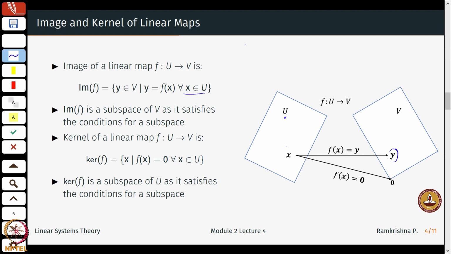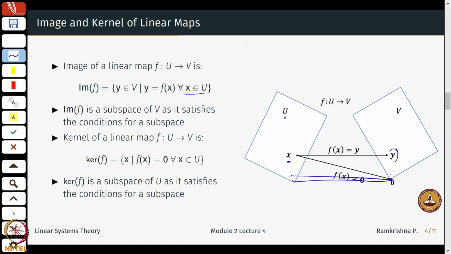Similarly, the kernel of a map is defined as the set of all x's which map to the 0 vector, or the 0 element in V. There could be several of these x's which map here, this could be some here and so on.